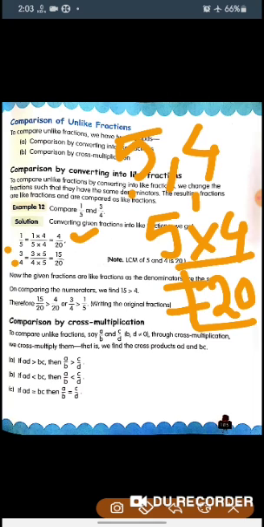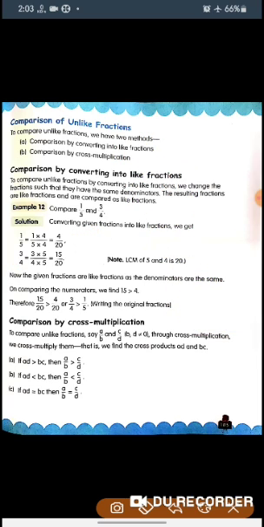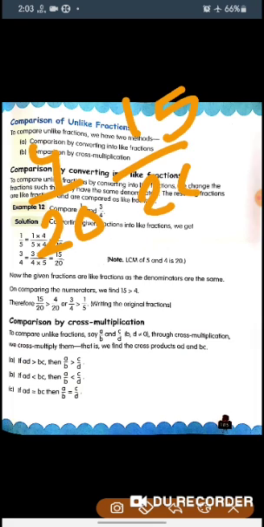Let's come to the next unlike fraction, 3 by 4. So 4 times 5 gives us 20. So we will multiply by 5 in the numerator and denominator. By multiplying we get 15 by 20. So here we have our new fractions, 4 by 20 and 15 by 20.